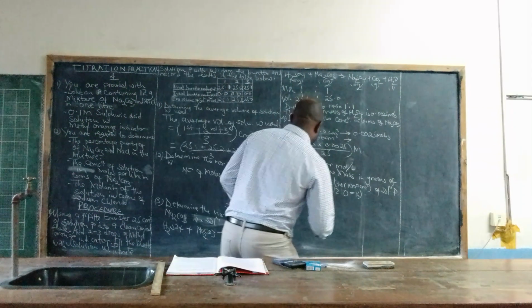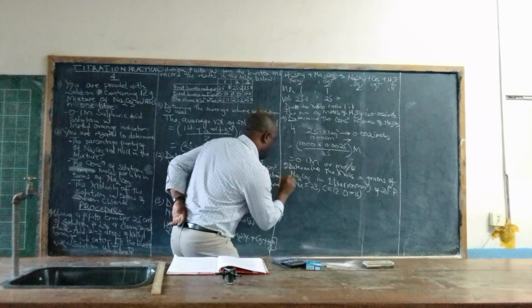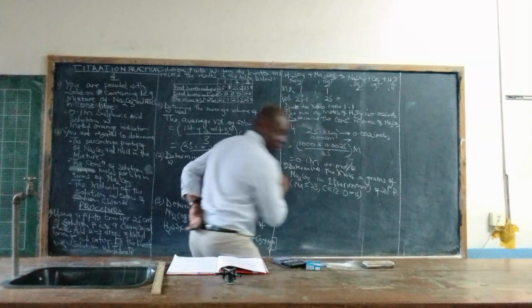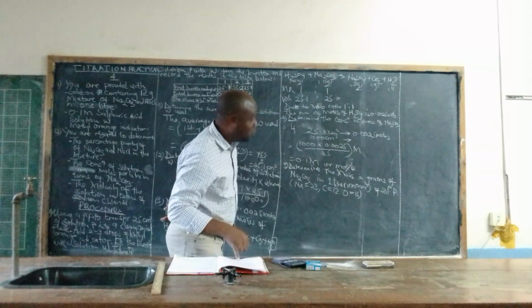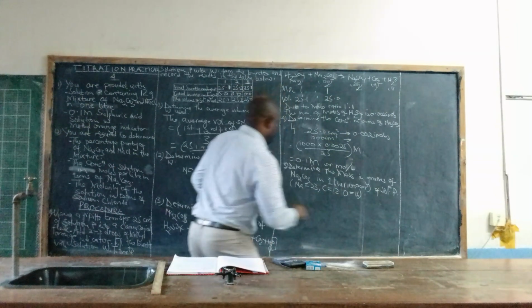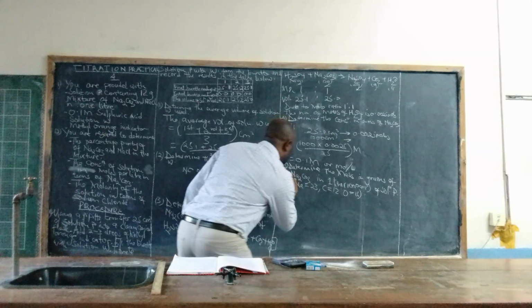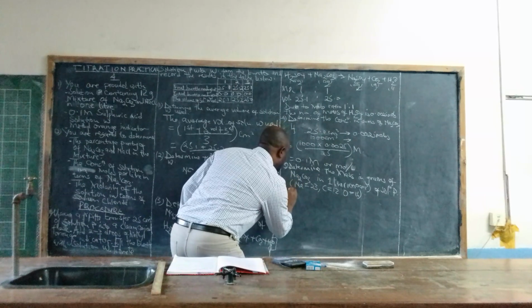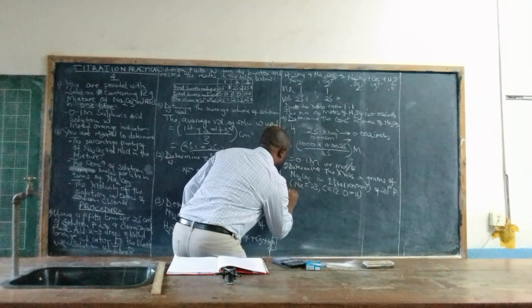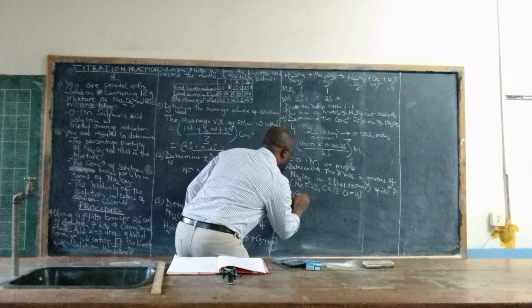We are going to approach it in this way because we still have some questions to answer, so we must save that space. So, sodium carbonate, this is how it's written.